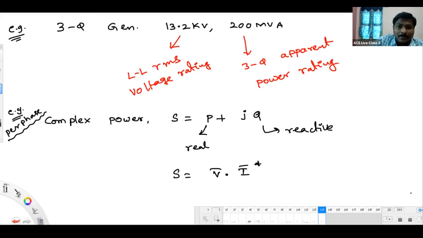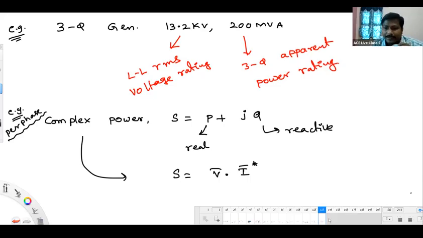That is another formula for the complex power, same thing. And what do you mean by apparent power now? Anybody please tell me. Apparent power is nothing but simply the magnitude of this complex power. Magnitude of the complex power is called apparent power.